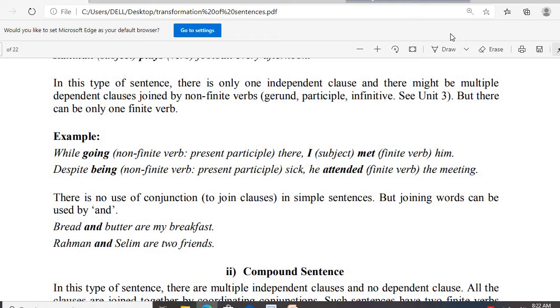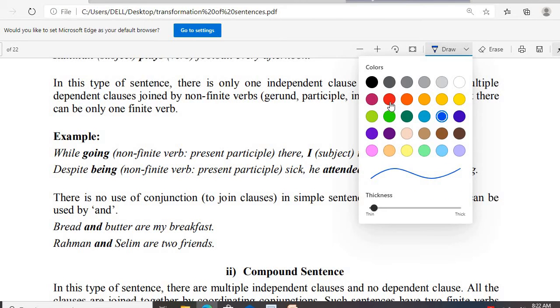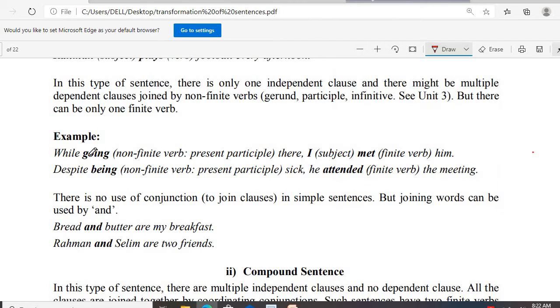In this sentence, going is the non-finite verb, that is, a present participle, and there is only one subject and only one finite verb.